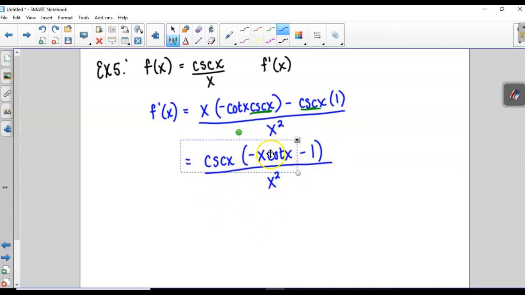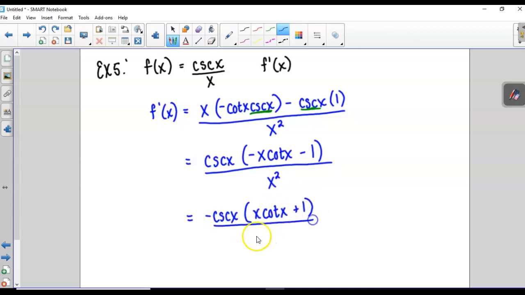They might factor that negative out. They'll probably do it this way. Negative cosecant x times x cotangent x plus 1 over x squared.